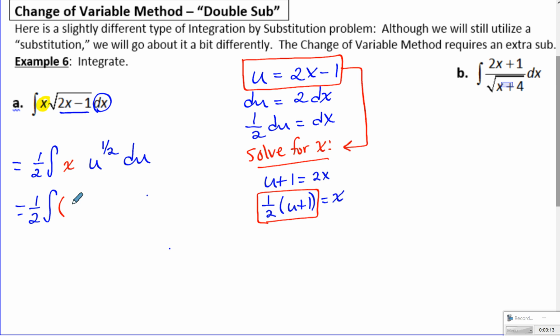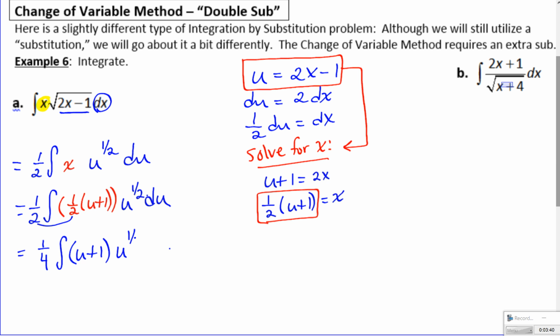So instead of x, I'm going to put in 1/2 u plus 1, and then I'd have my old u to the 1/2 du. Just doing some math here, let's keep simplifying. This 1/2 and this 1/2 can make 1/4. I'm going to have u plus 1, on a separate line so it's more obvious, times u to the 1/2 du.